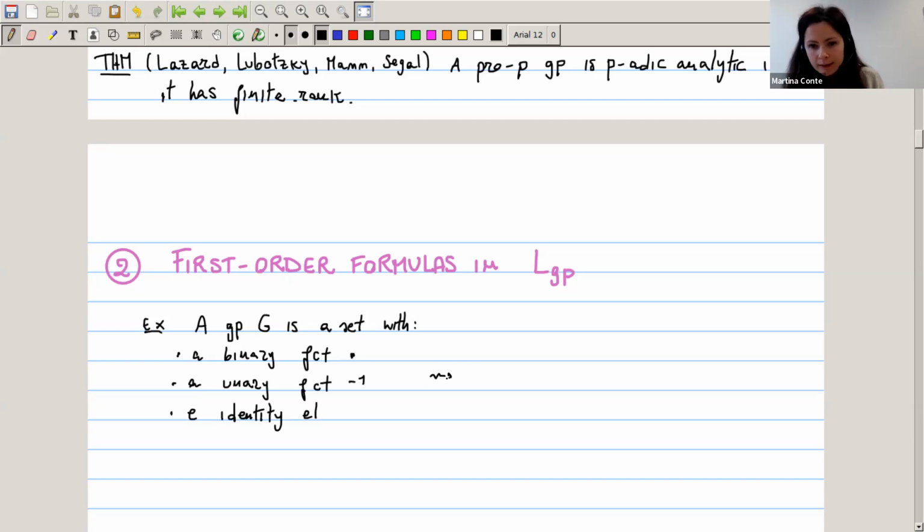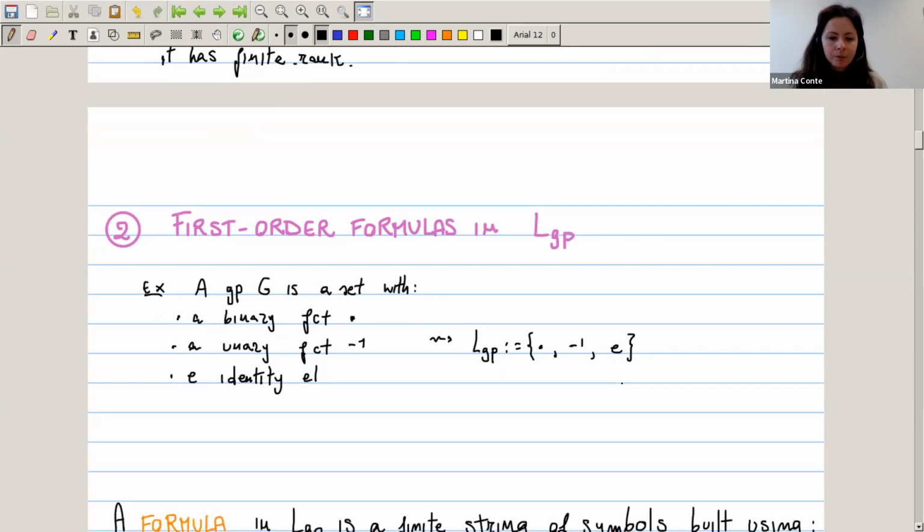So by looking at this, we see that when we want to talk about groups, we can consider the language of groups that is exactly built with these three symbols: a symbol for the binary operation, a symbol for the unary operation, the inversion, and a symbol for the identity element.